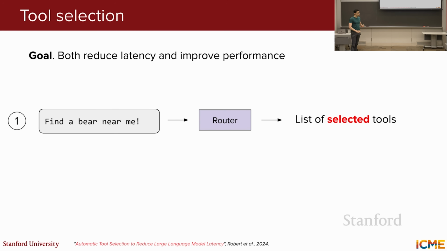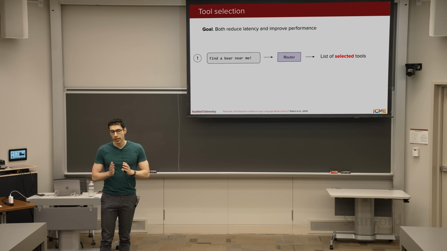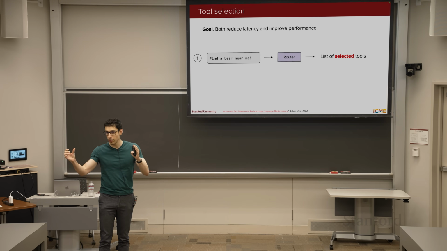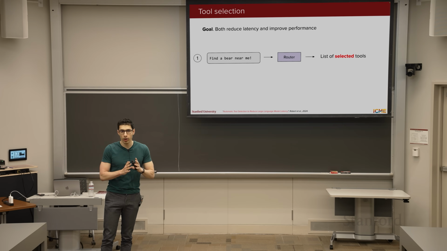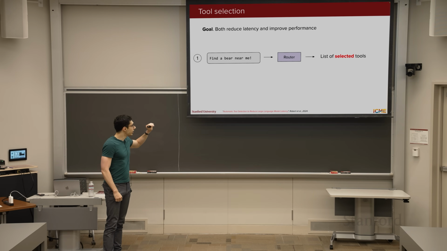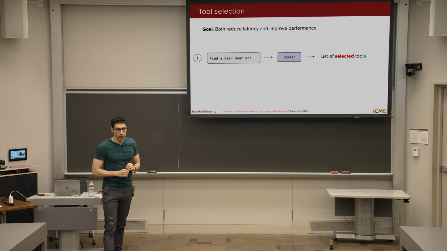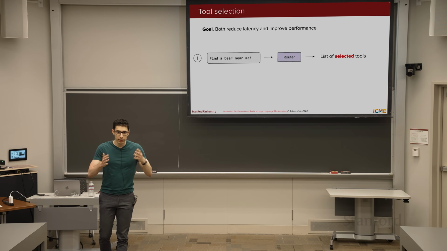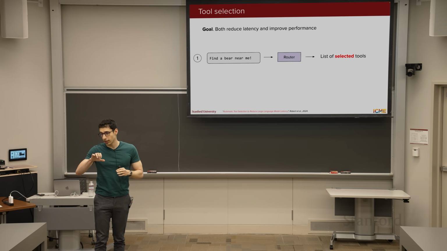First, you have your query, and you have a list of tools that can be as big as you want. That list of tools only contains the API name and maybe one or two words about what it does. So you have this prompt and a list of tools, and we ask the LLM to pick the tools that might be relevant.